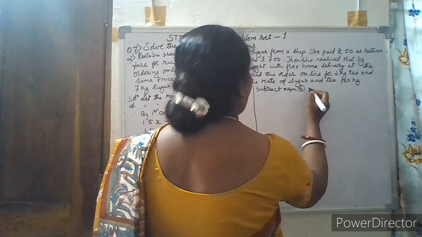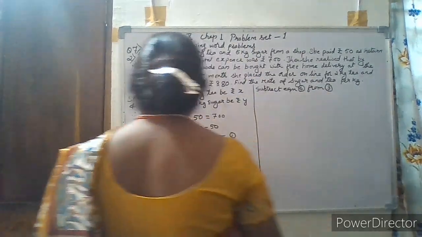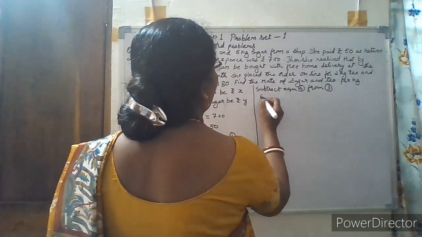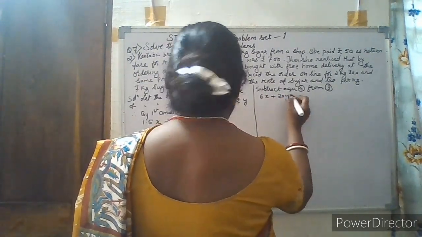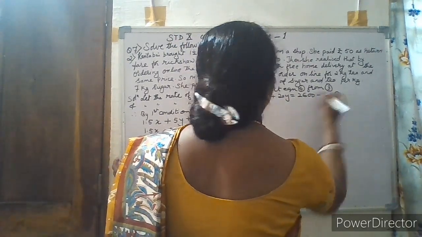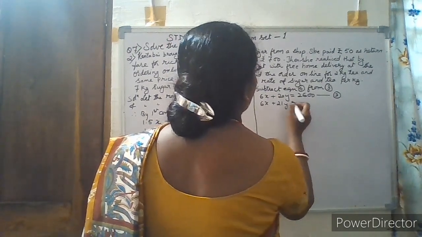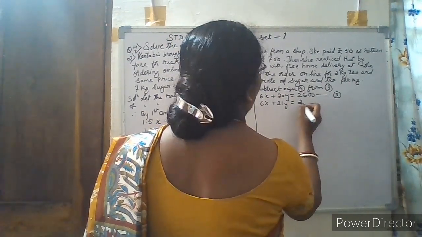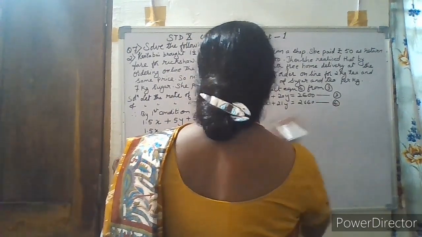Let us write the equation: 6x plus 20y is equal to 2600, equation 3. 6x plus 21y is equal to 2640. This is equation 4.